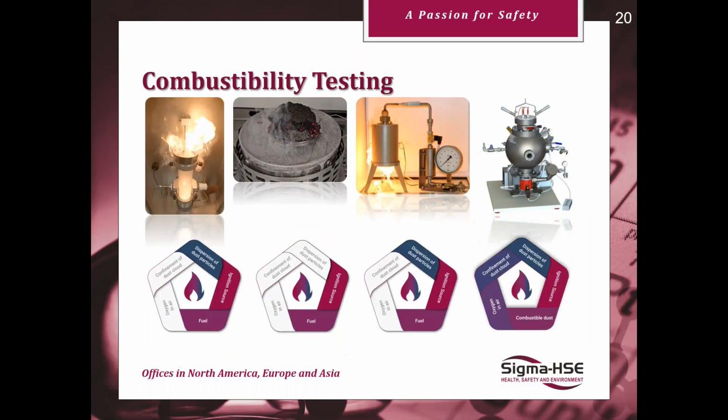So just to illustrate some of these tests and how they correlate to the explosion pentagon as discussed, we have the minimum ignition energy on the left-hand side, looking at a dispersed dust cloud. We have the combustible material present, and we vary the ignition source energy to find the limit.